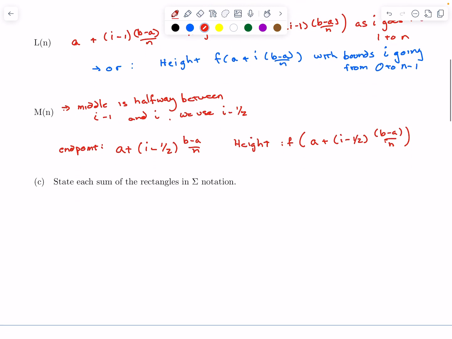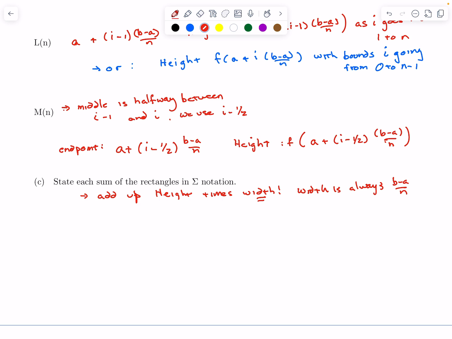Okay, and then the sum of the rectangles, don't forget the rectangles are height times width, not just height. Remember, b minus a over n is a constant, a number.